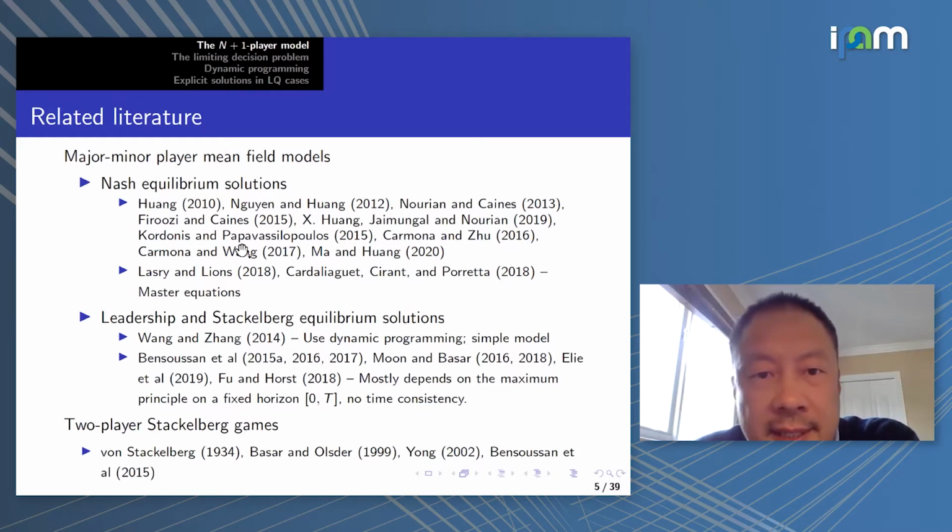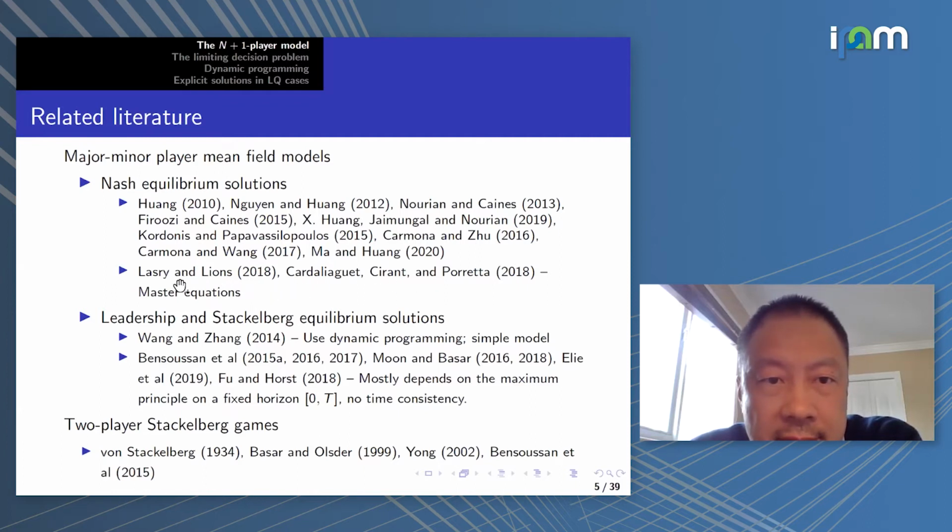Okay, so in this case, also the major player is much bigger. In some sense, all the players somehow are symmetric. Okay, they choose their strategies simultaneously. So it's a large game situation.